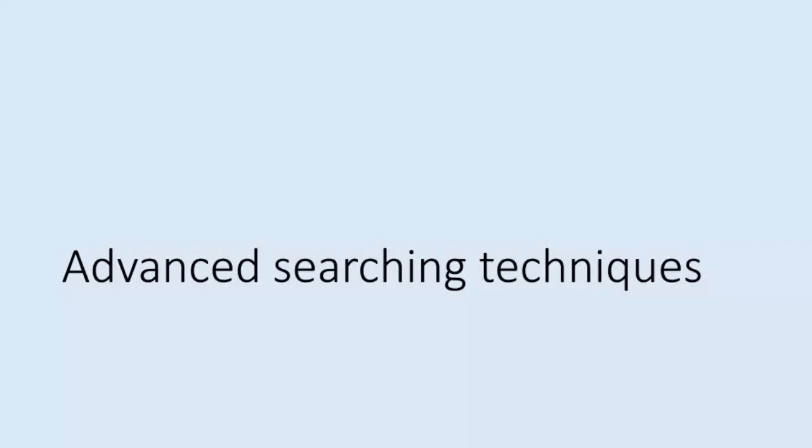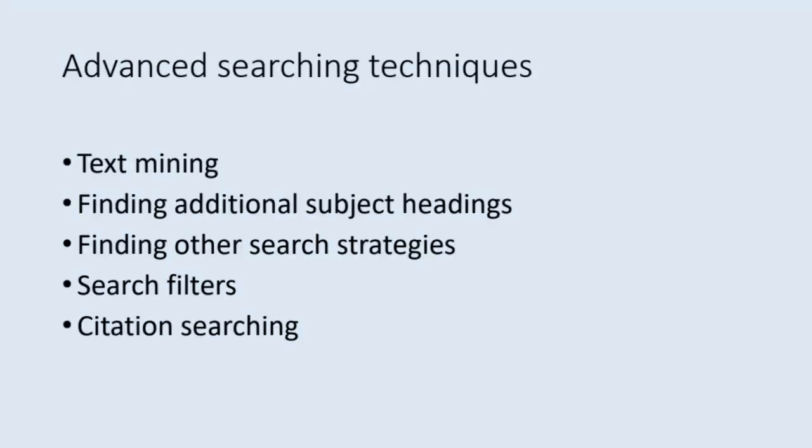Okay, I'm going to move on now to talking a little bit more about some other search techniques that you might want to think about using in addition to that database search that we did last week and the grey literature search that Tanya has just talked about. We're going to briefly cover these advanced searching techniques. I'm going to talk about text mining to find additional subject headings and other search terms.